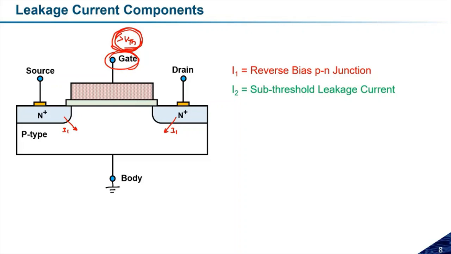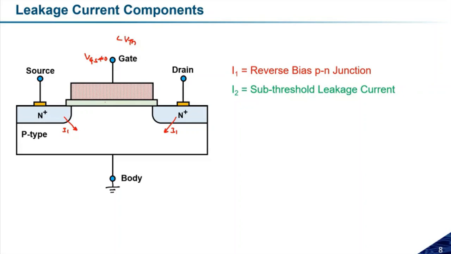Let me repeat it again. We know that to turn on this device, we have to make the VGS greater than the VTH. But if the VGS is non-zero but less than VTH, in that case what will happen?